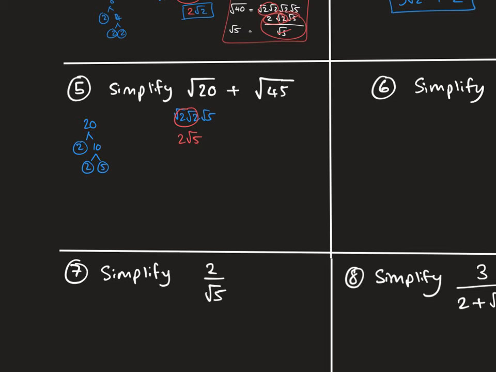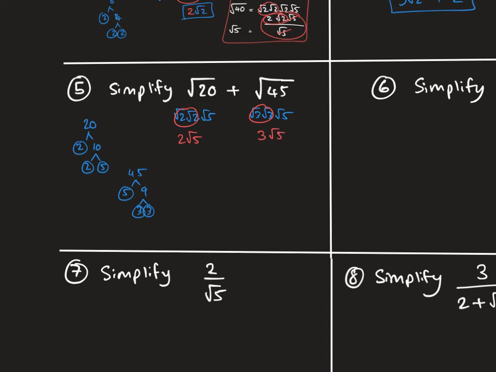Now let's break down 45 here. So 45, I know, is 5 times 9. 5 is a prime. 9 can be broken down into 3 times 3 there. So we can say that root 45 is the same as root 3, root 3, root 5. Again, we have our pair of root 3s, which gives us 3, and that's root 5 there.